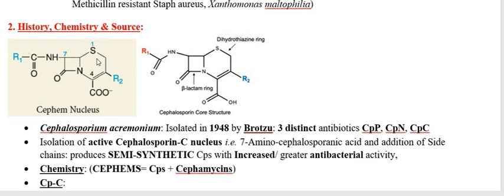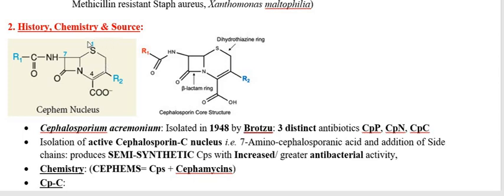And when you change the number 1 position, at number 1 there is a sulfur group. When you remove this sulfur and add carbon in its place, we call it carbacephem. So carbacephem is the cephem nucleus in which we replace the sulfur element of the dihydrothiazine ring with carbon.